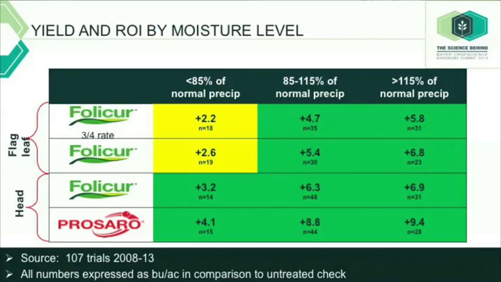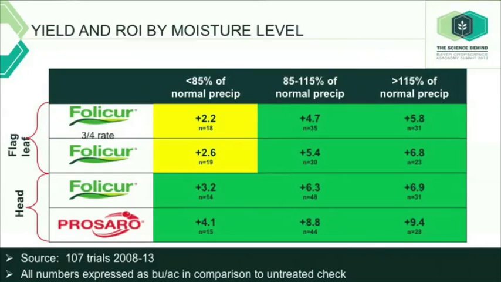However, when we make the jump into what we would call a normal moisture year here in the center, or even a higher moisture year over on the other side, we get more moisture showing up, more of an environment that's conducive for disease manifesting itself in the plant, and obviously we're going to see more of a response with regards to the fungicides at that point.